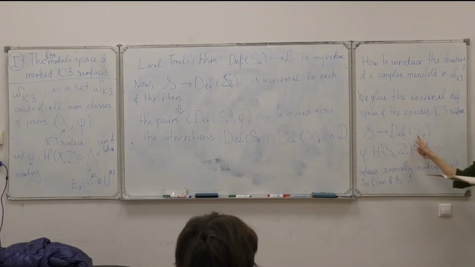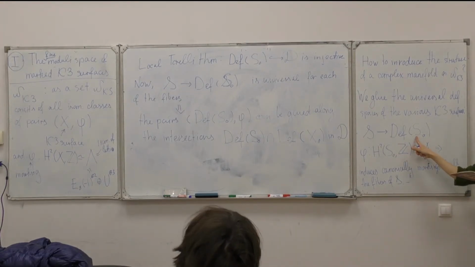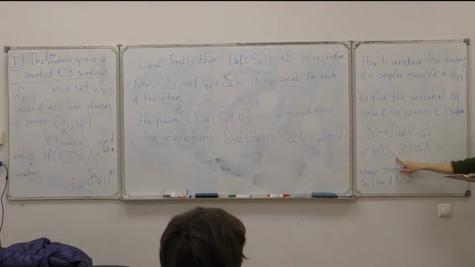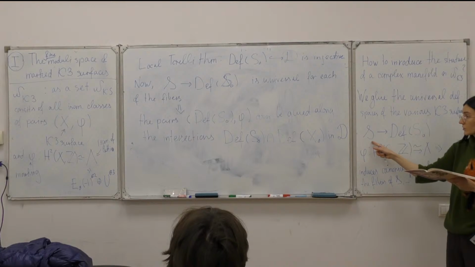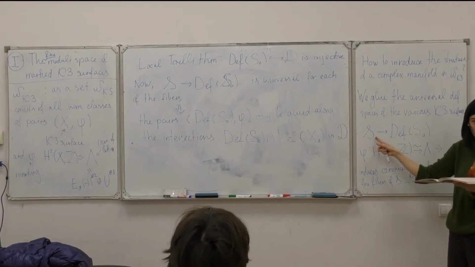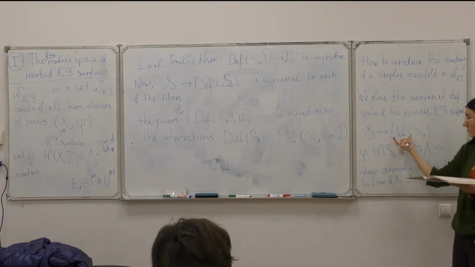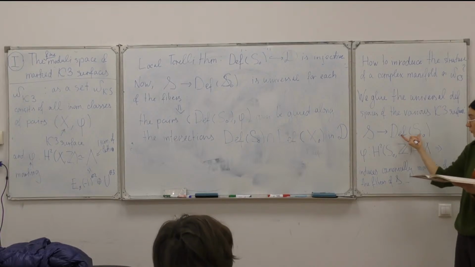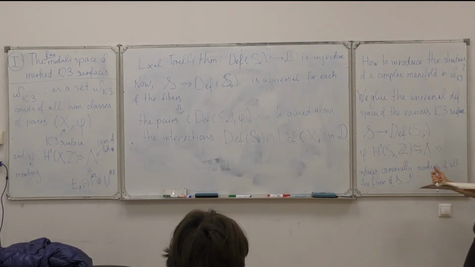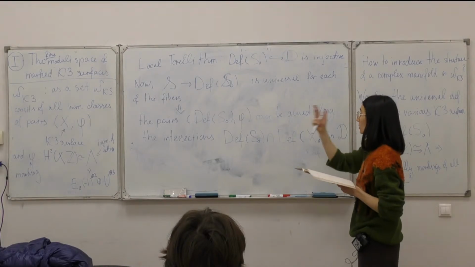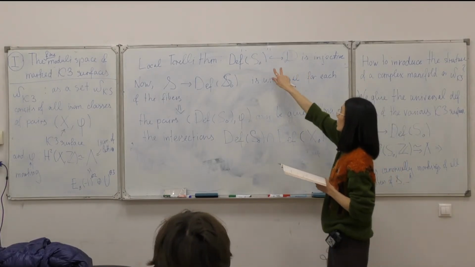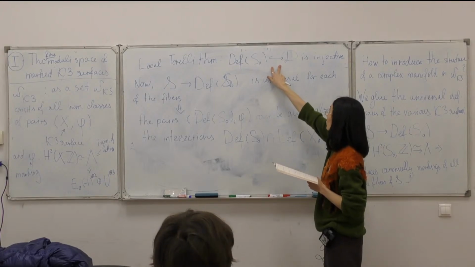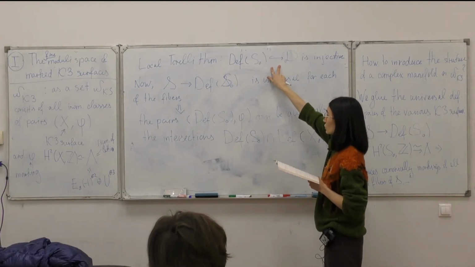Suppose we have a marking on the central fiber. Then this marking induces a marking for all fibers of S, and this will still be a universal deformation. And now, from the local Torelli theorem, we obtain that the corresponding period map is injective.